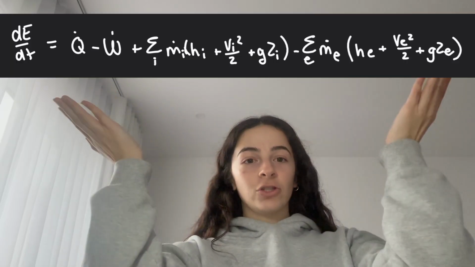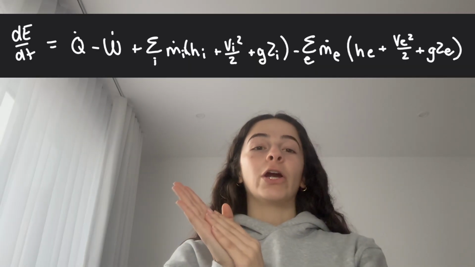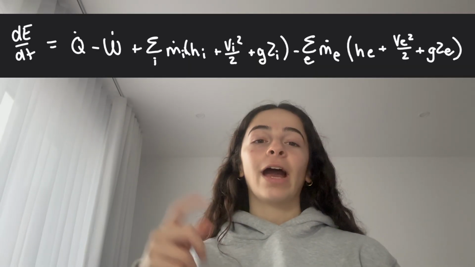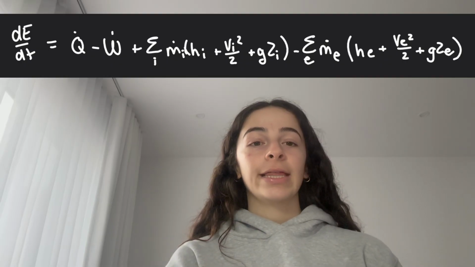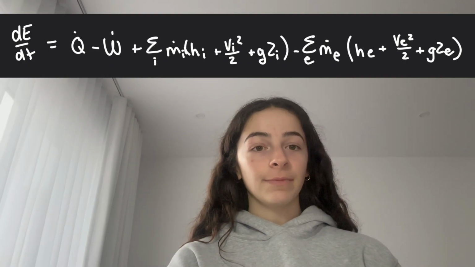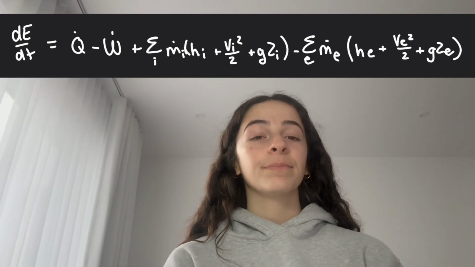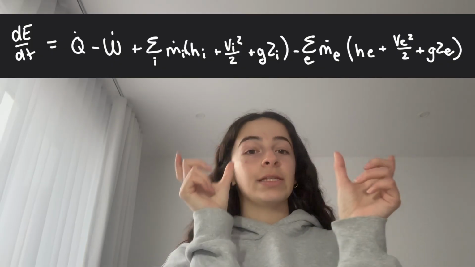Okay, so a more complete way of describing the first law of thermodynamics is as shown above. The first part is still the change in energy. Then we have Q dot, the heat transfer rate, minus W dot, the work rate, plus two Riemann sums.